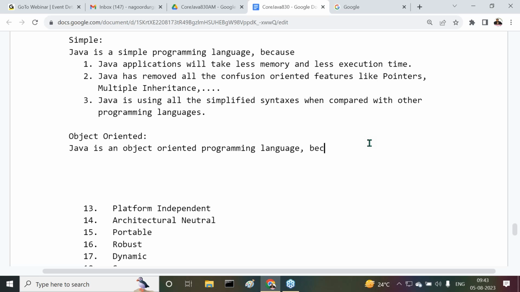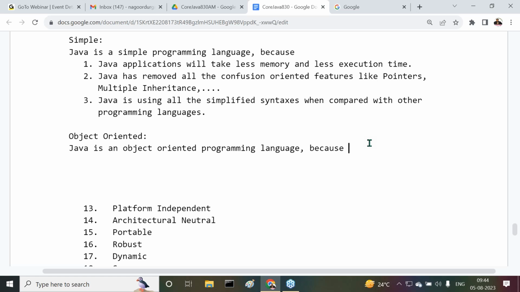How can you say that? When a programming language represents data in the form of objects by following object oriented features, then that programming language is an object oriented programming language.